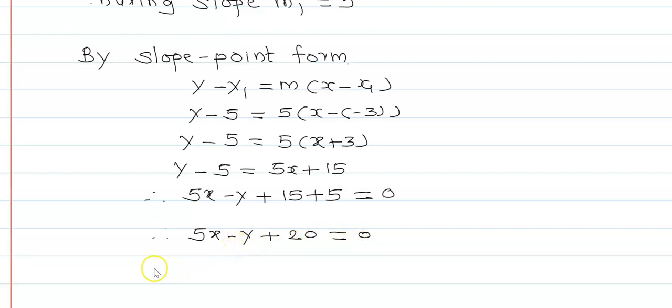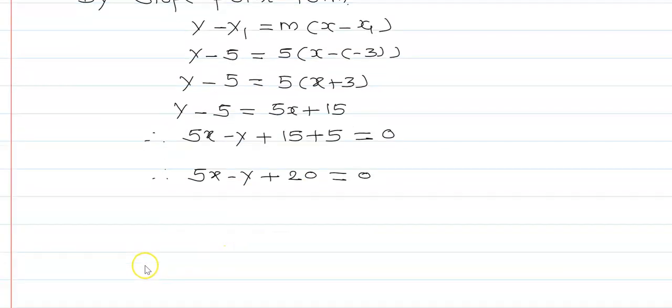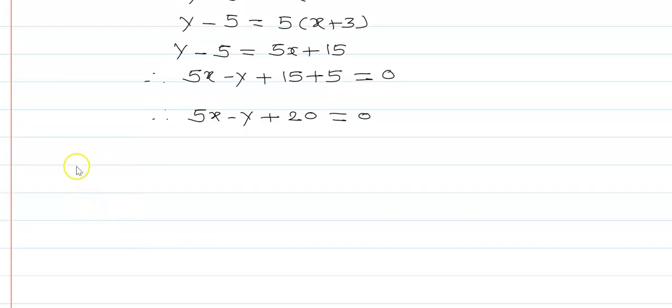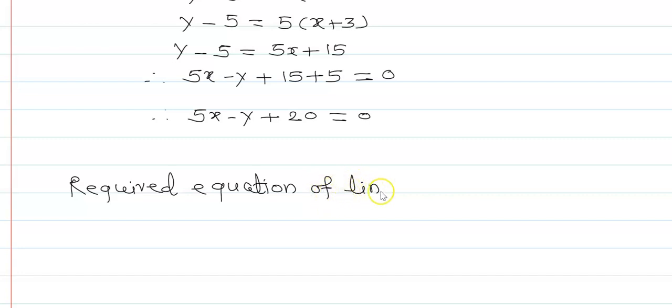Okay. Therefore the required equation of line L, what is that? 5x minus y plus 20 is equal to 0.